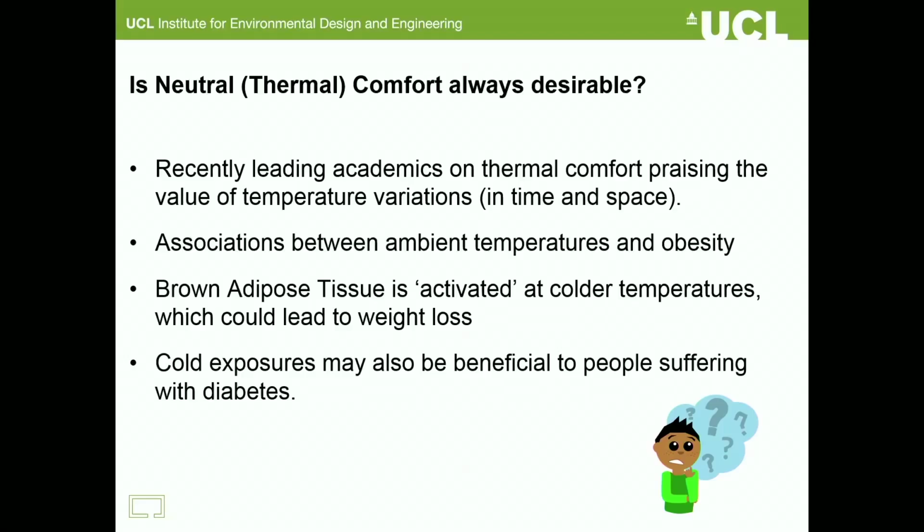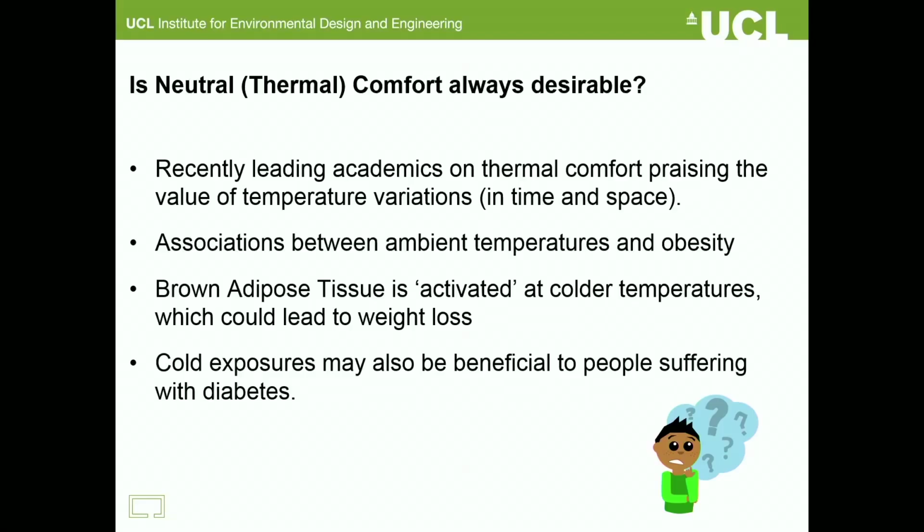More broadly, actually, is neutral thermal comfort always desirable? There are some leading academics in this field who are now praising the value of variations in temperature in terms of space and time. Also, there have been some findings that there is an association between lower ambient temperatures and lower prevalence of obesity.